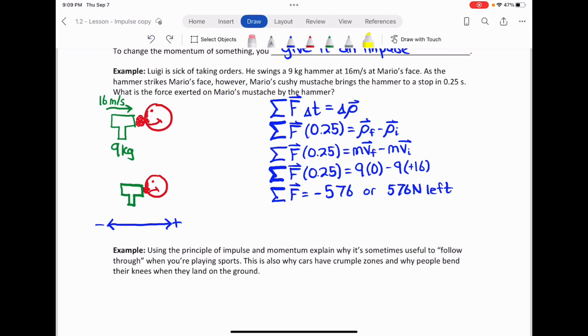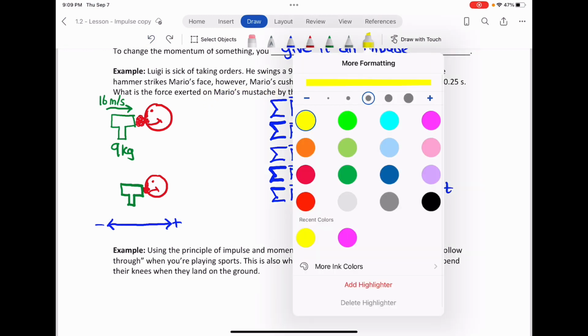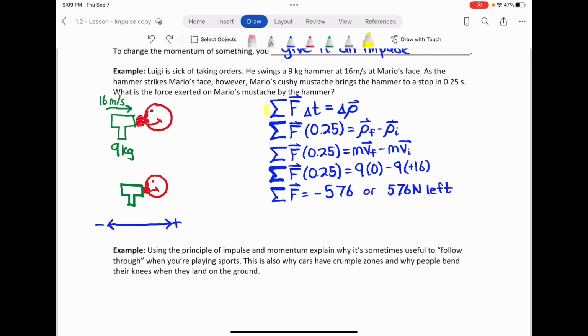Well, the principle of impulse and momentum, which we started with up here, talks about an object whose momentum is changing and how that object has to feel a force for a period of time. The object whose momentum is changing is not the mustache, it's the hammer.